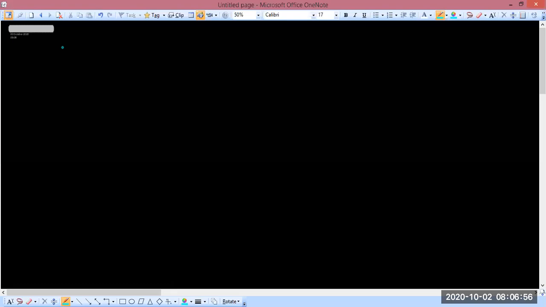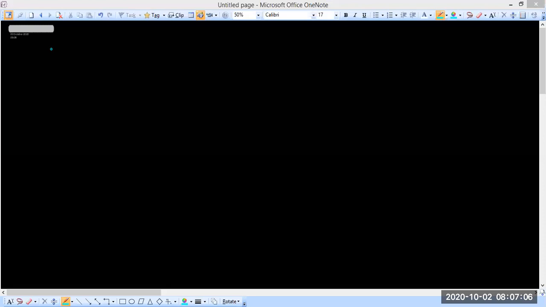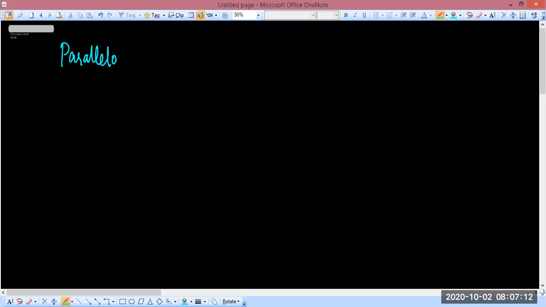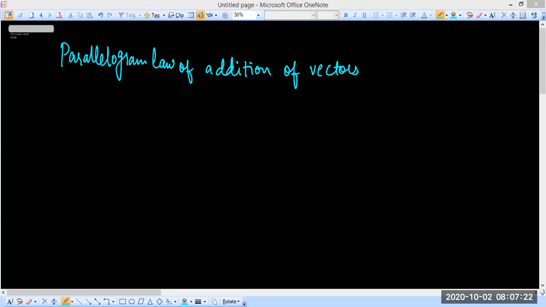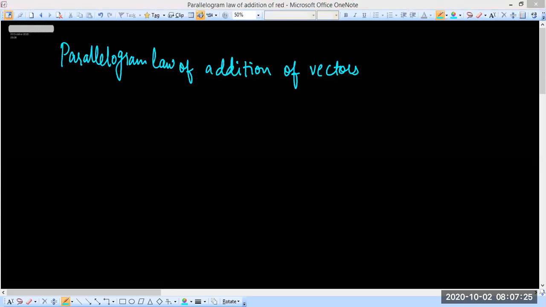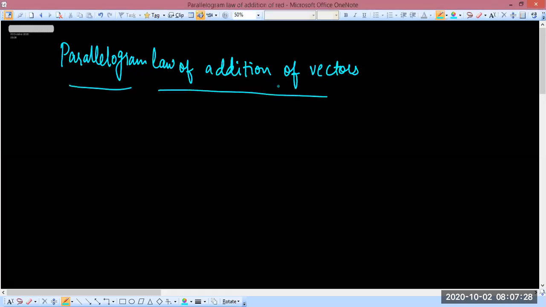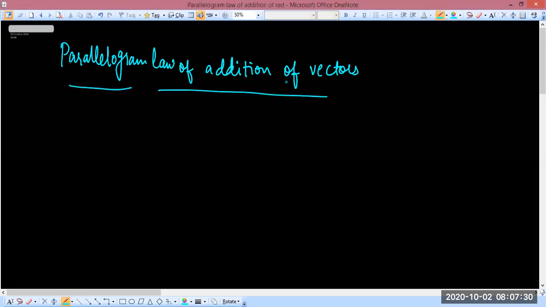Right now we are going to talk about another law of addition, and that law is parallelogram law of addition of vectors. So earlier we have seen triangle law of addition, triangle law of subtraction. Now it's time for another law, parallelogram law of addition.